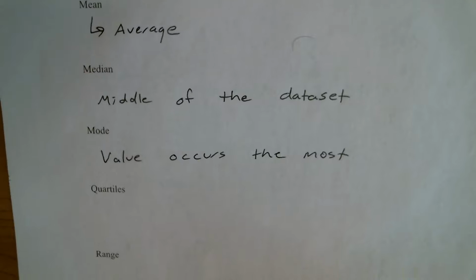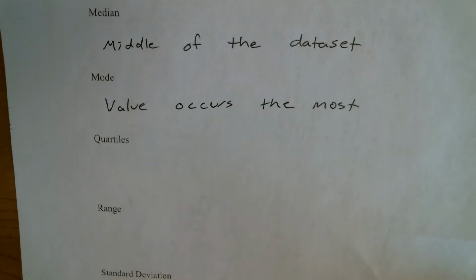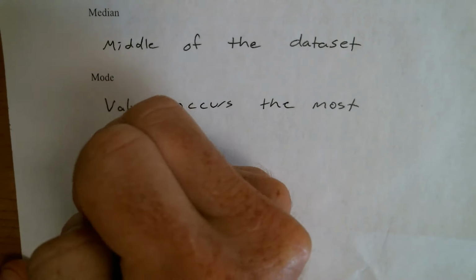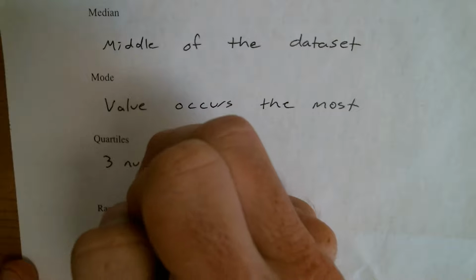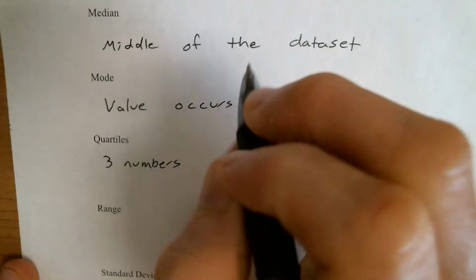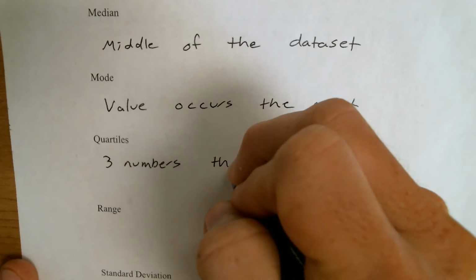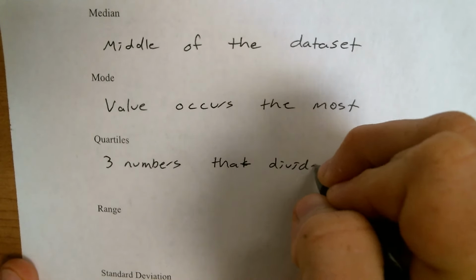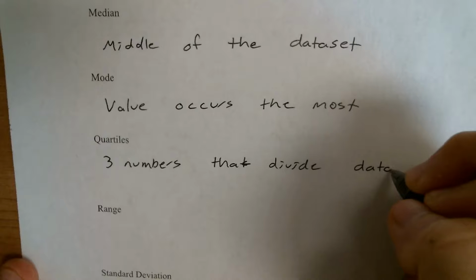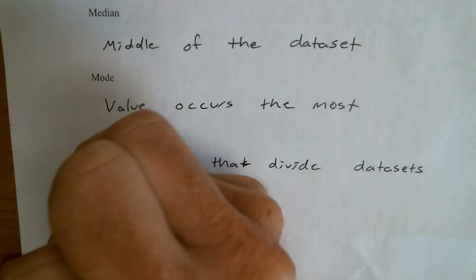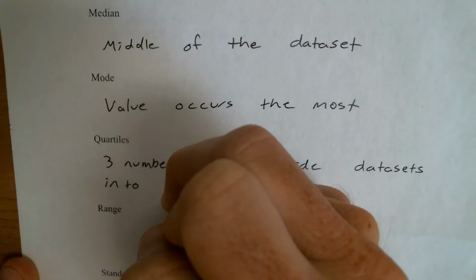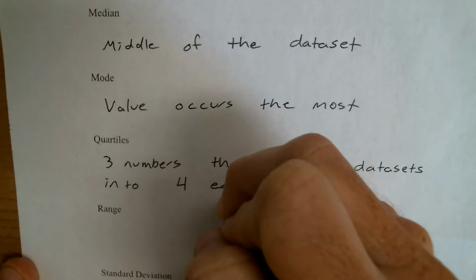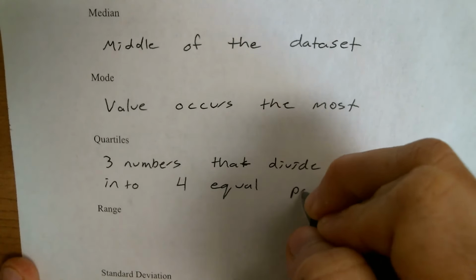All right, now quartiles, if you see quart there, hopefully you think 4, because it's basically the three numbers that divide data sets into 4 equal parts.